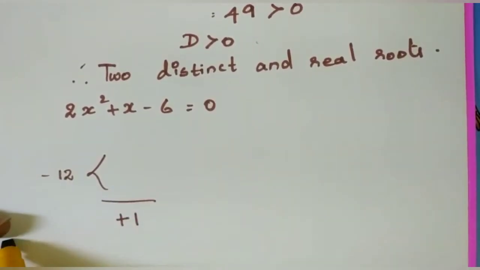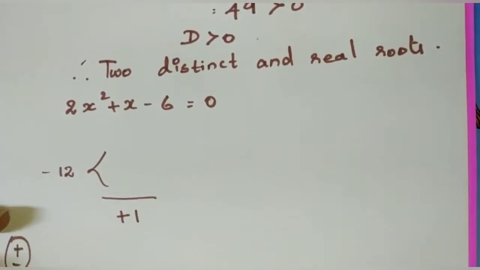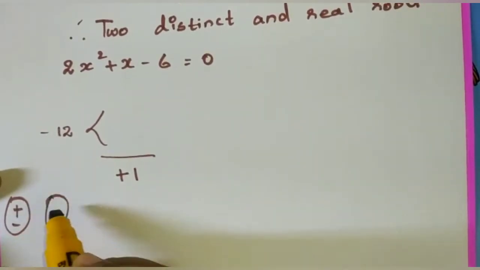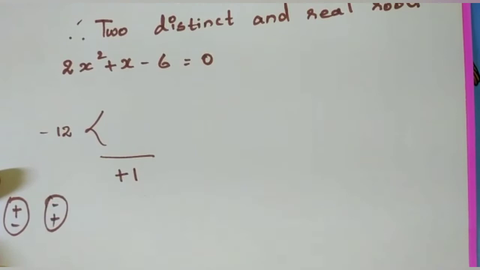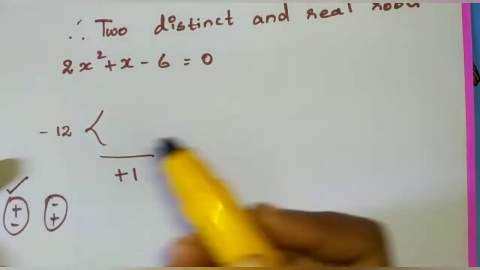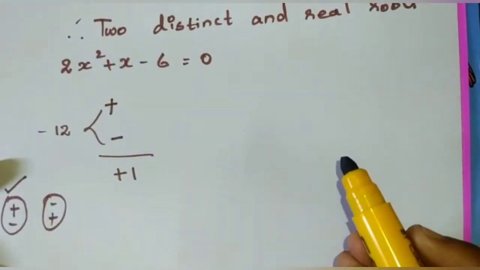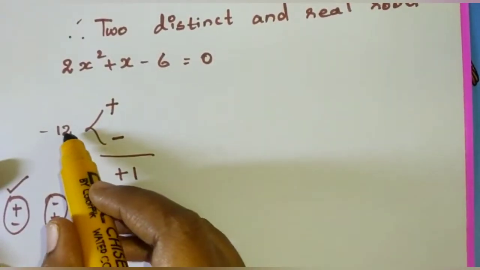Then here you have a negative sign, so one must be positive and one must be negative. Here I have a positive value, so we have to choose this one. Positive, negative.